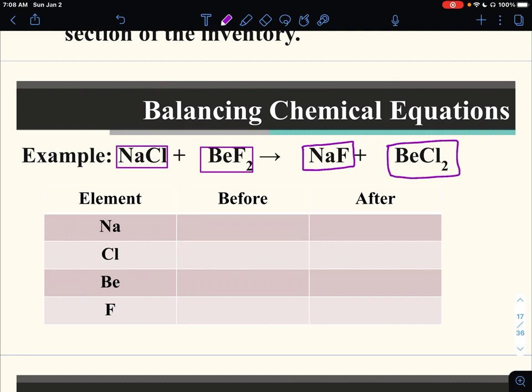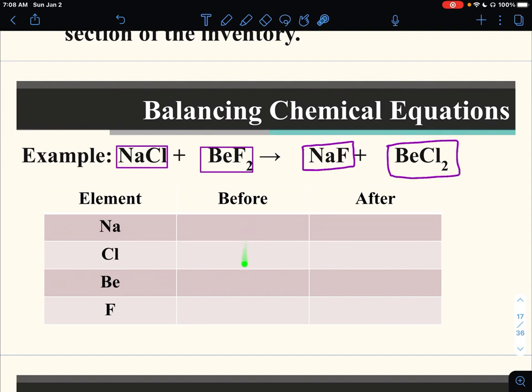And then your element inventory will look something like this, a nice little chart. And I listed all of the elements, and then before is going to mean before the arrow, and after is going to mean after the arrow.